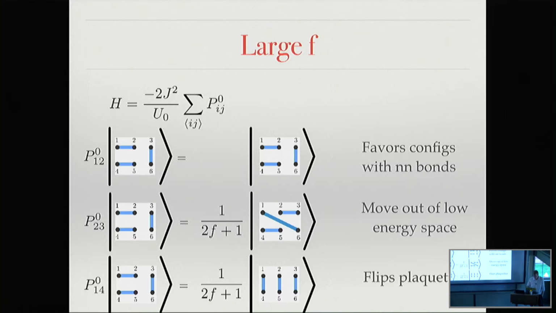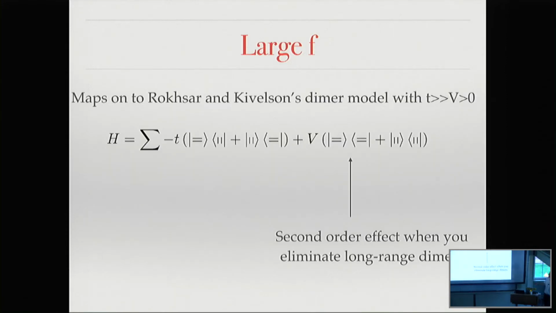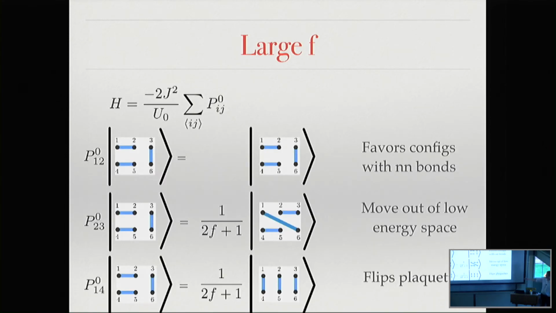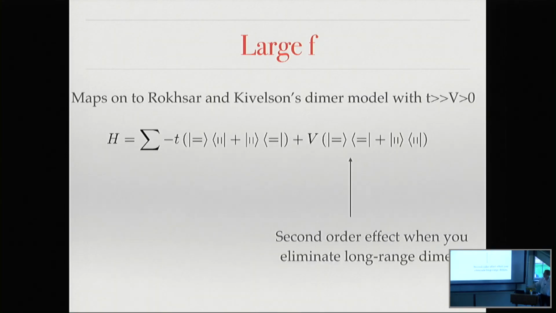And for those who are familiar with Rokhsar-Kivelson, that's exactly the Rokhsar-Kivelson model: you take plaquettes and your Hamiltonian can flip them. Then if you do second order perturbation theory on these, you end up getting a term which penalizes having parallel bonds. I'm not going to actually do things in perturbation theory, but it's nice to know that this model maps onto Rokhsar-Kivelson.